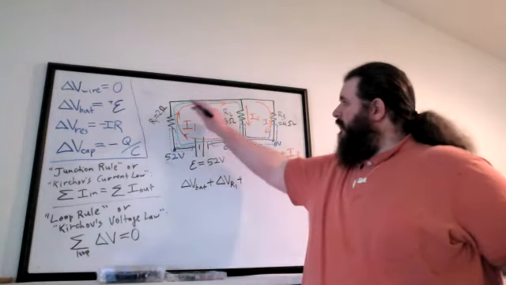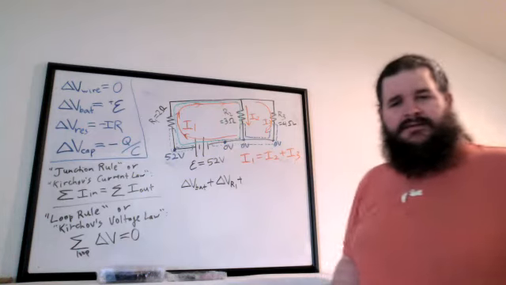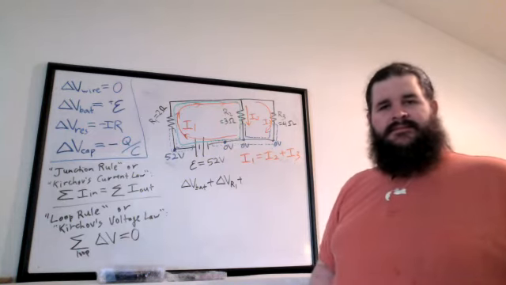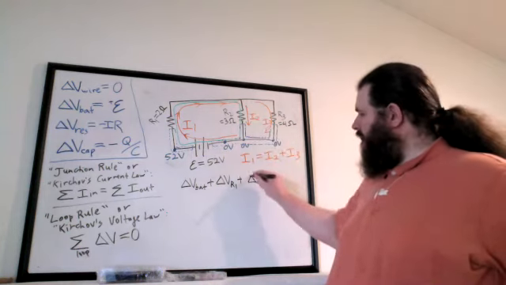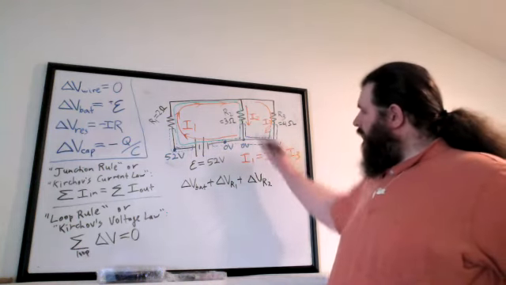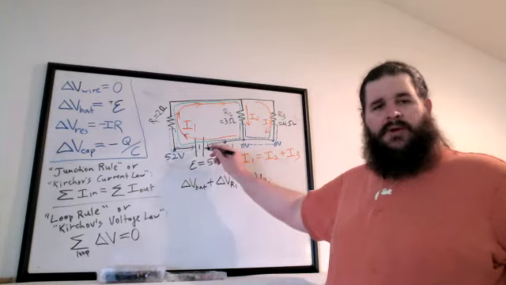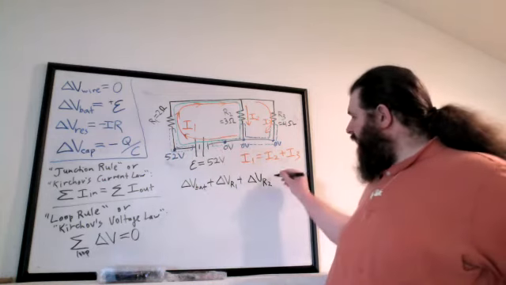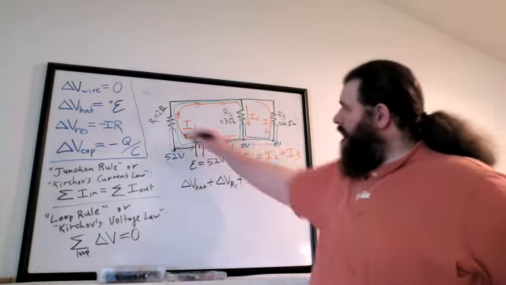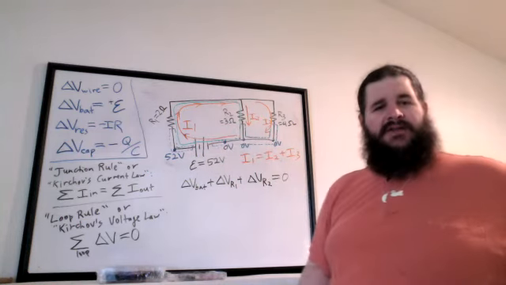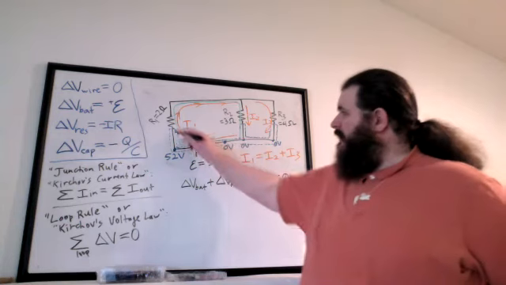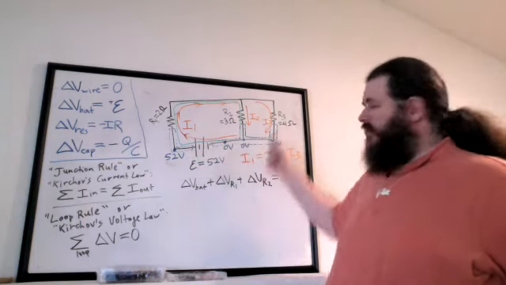And then you keep going, and what's the next thing you encounter? Resistor 2? Yeah, resistor 2. So delta V R2. And at that point, you get back to your starting point. So these changes have to add up to 0 because they form a complete loop. And note that resistor 3 is not part of that loop because this path did not take us through resistor 3 at all.